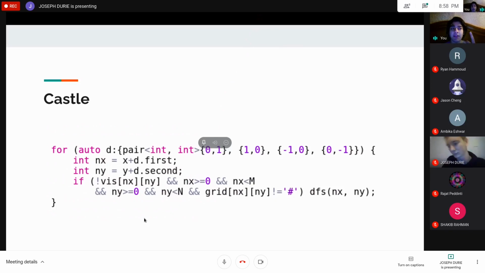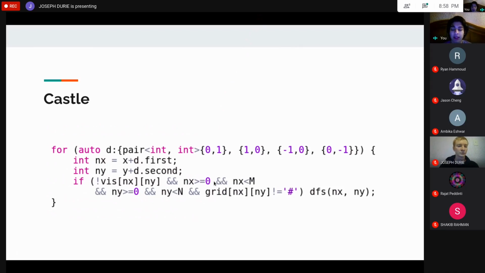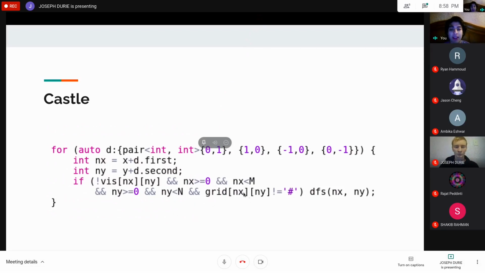If that is unvisited, using this 2D visited array, and it's within the bounds of the grid, so it's not left of 0, not right of m, not below 0 or below n, and we can take that step because there is no hashtag between them, then we continue our DFS.